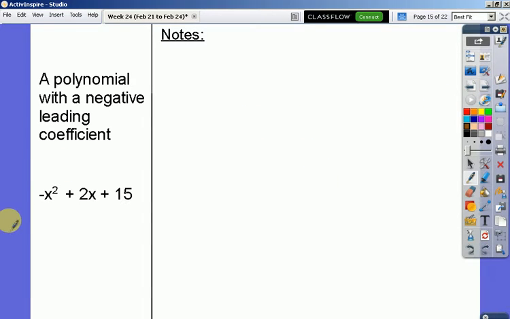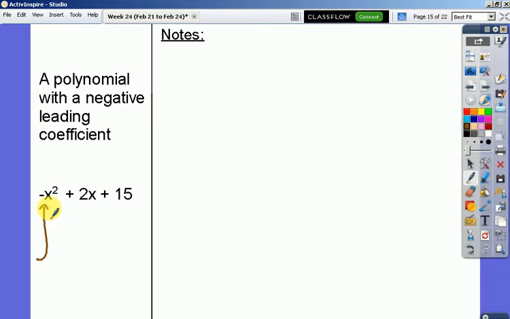Here's another case that you may see. You will often encounter, instead of a 1 in the front, a negative 1, or some sort of negative coefficient. And it is almost always the case that it is easier if you pull out that negative coefficient first.